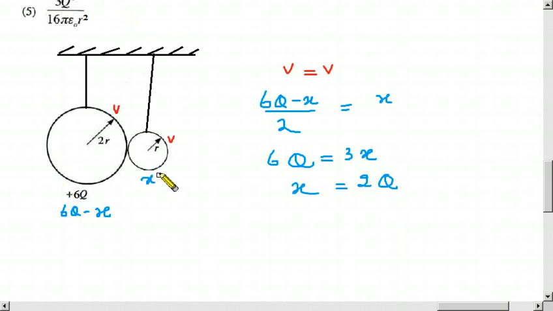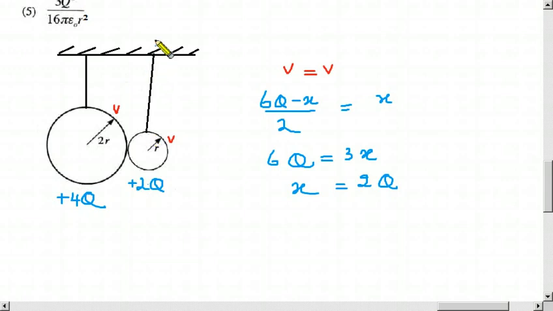So now we can delete this and write 2q. Then subtract 2q from 6q, because previously this one had 6q. So now 2q came to this smaller one, so remaining 4q.